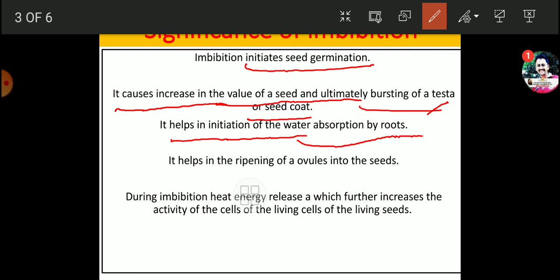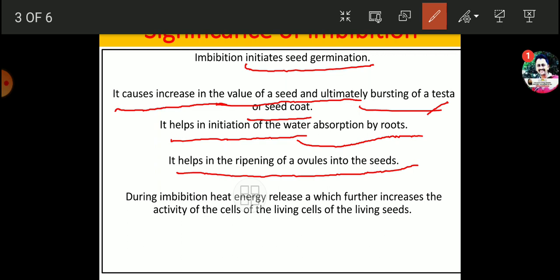Friends, very interesting. It also helps in the ripening of the ovule into the seed. We know that the ovule is there, and ovule ripening is also possible by the absorption of water, by the process of imbibition. So this is the significance.